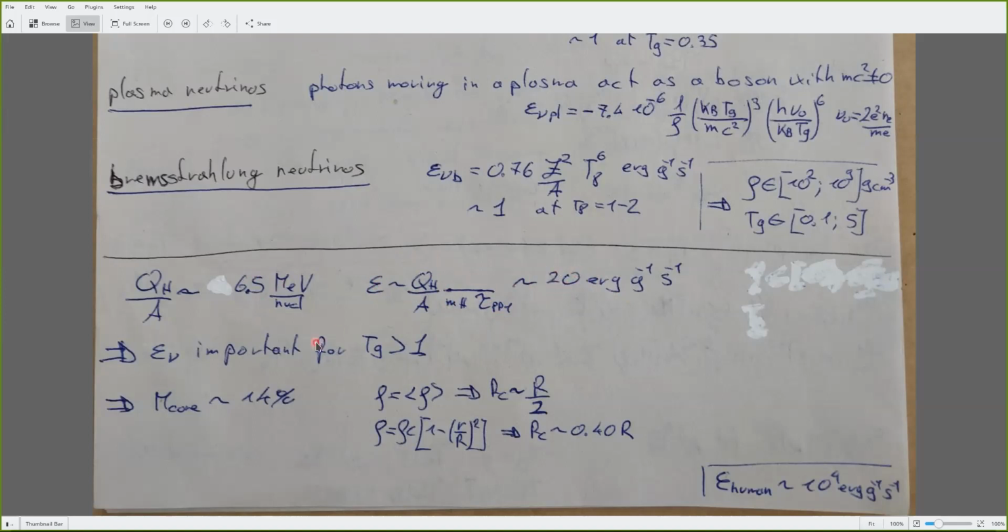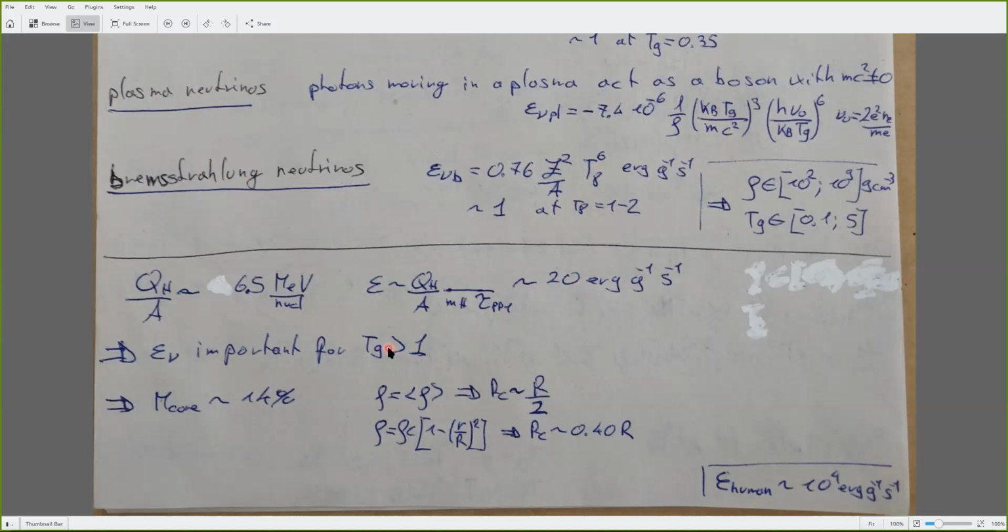So you can see that the neutrino production will be important to reduce the energy in stars when the temperature is higher than a billion Kelvin. Otherwise, if the energy lost by neutrinos is of order 1, it's just 5%. It's not enough to cause a problem.